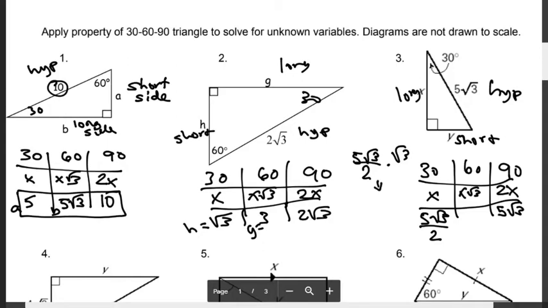So in essence, what I get is 5 times 3 over 2, which is 15 over 2. And the 15 over 2, we can either keep that as a fraction or make an easy decimal of 7.5. So 7.5 is going to represent my long side, which in this case is x, and then my short side right here is y. So this is how we work these problems. We saw one out with a whole number, which is the easiest it will get, and we saw 2 right here.